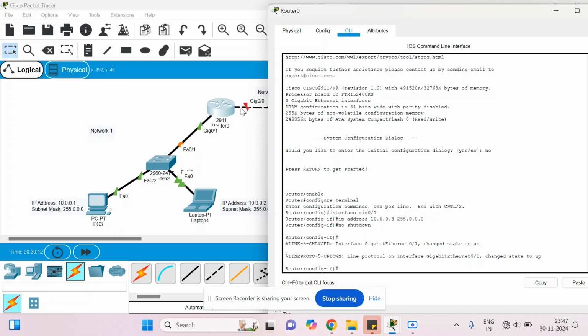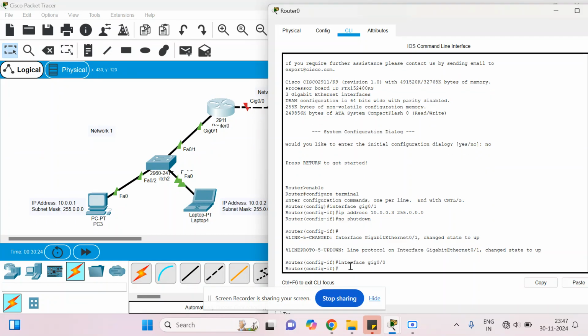Now we will configure the second interface of this first router, gig 0/0. So here I am writing interface gig 0/0. In my case, this 2911 router has gigabit ethernet ports. If you are taking another router, maybe it has other interfaces like fast ethernet. Then you have to write accordingly the name of that interface.